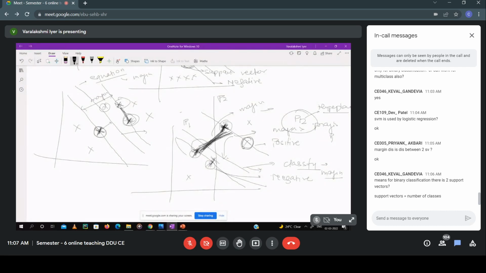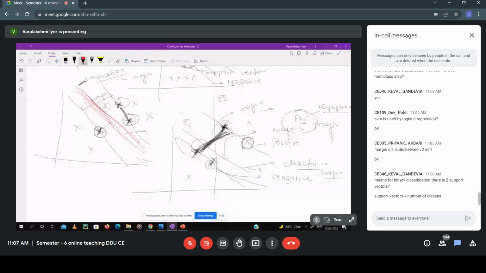No, the number of support vectors is not equal to the number of classes. Support vectors are those points that are the nearest data points on each side of the hyperplane. Let us use a different color. This is the hyperplane that I have identified to separate this data.